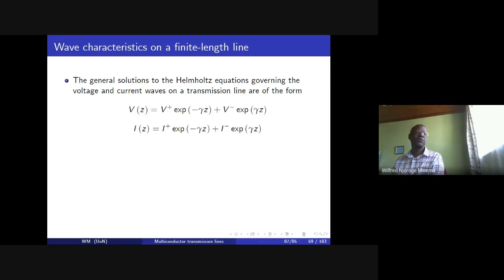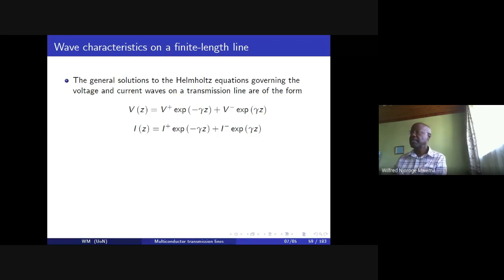And therefore, the general solutions of the Helmholtz equations that will govern the voltage and current waves on a transmission line will generally have the form that the line voltage V(z) is going to be given by a positive going wave component plus a negative going wave component, that is V plus exponent of minus gamma z plus V minus exponent of gamma z.